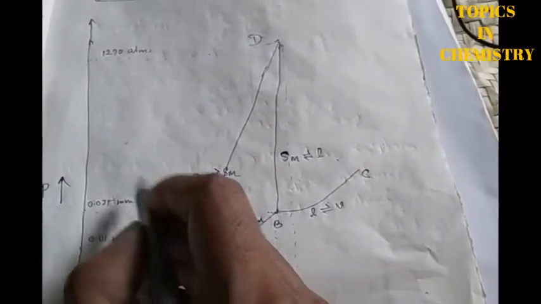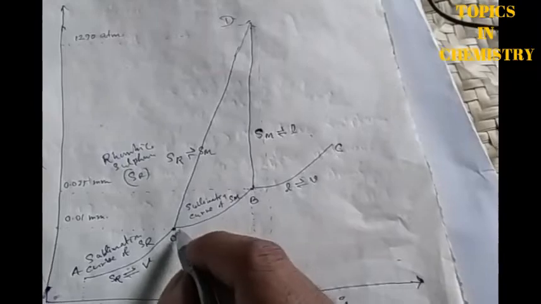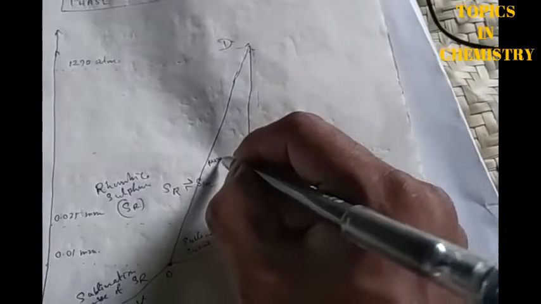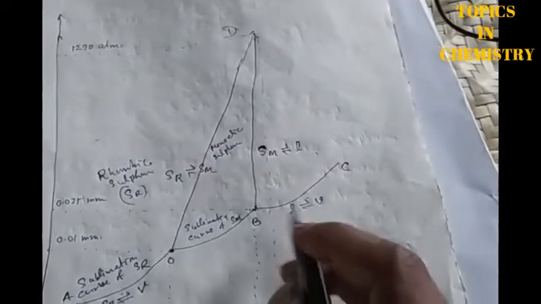Now come here. What can you get here? First, rhombic sulfur is in equilibrium with vapor, so this area is for rhombic sulfur, that means SR. In this area the rhombic converts to monoclinic, so this area is for monoclinic sulphur. Here the solid sulphur converts to liquid, so all are liquid.